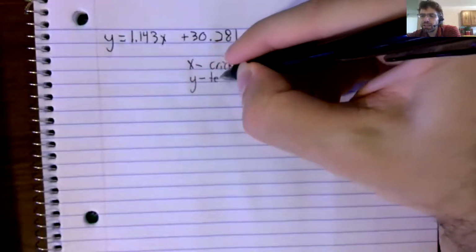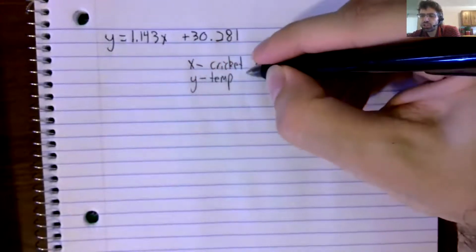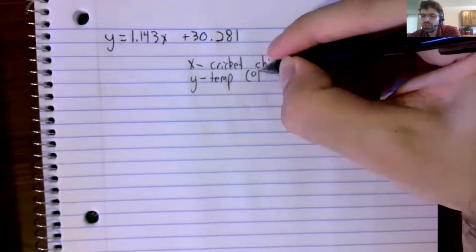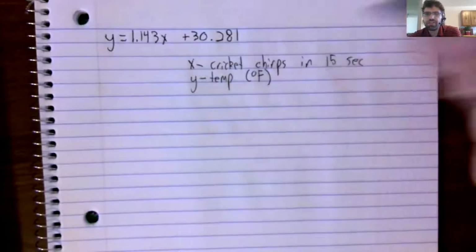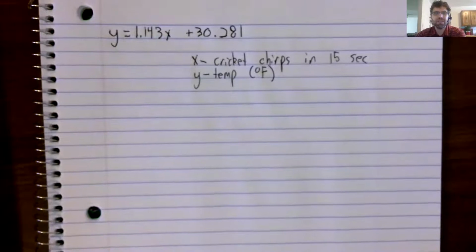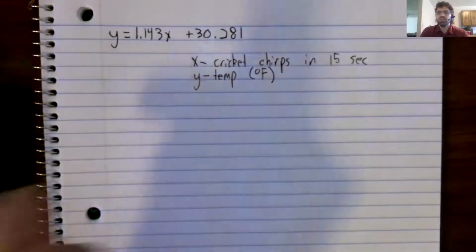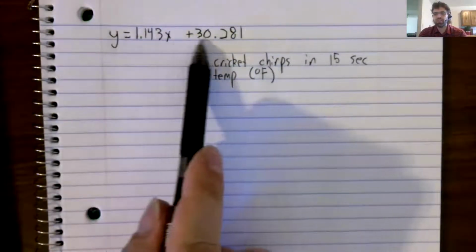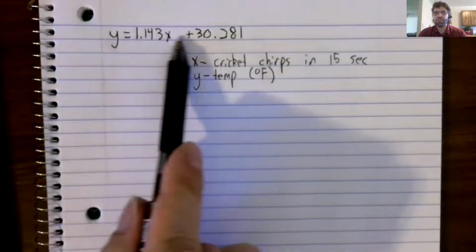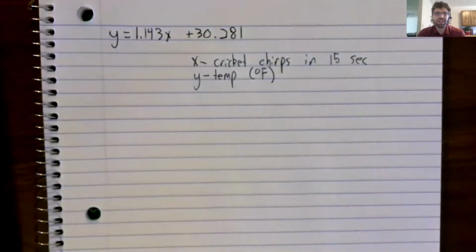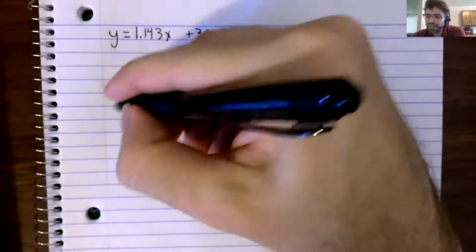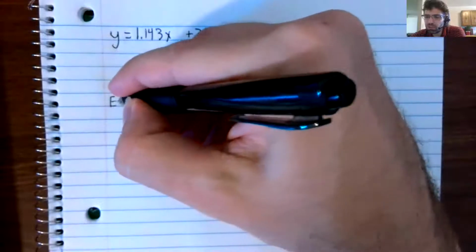Y is the temperature in degrees Fahrenheit. Let's now use our line of best fit that we found to do an example. In fact, let's do 2 examples.